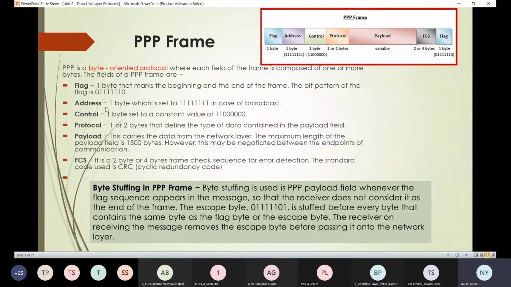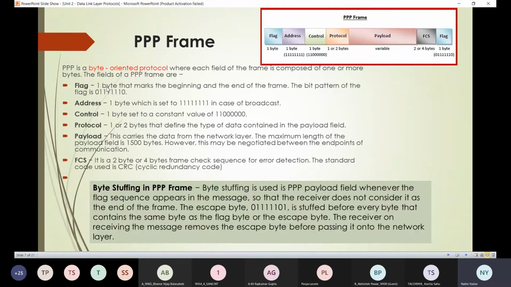The bit pattern of the flag is 0 111 1110. That particular flag we are supposed to append at the start and end of the frame, which shows the starting and ending of the frame. Correct? Then the address. Here we give the address of the destination.